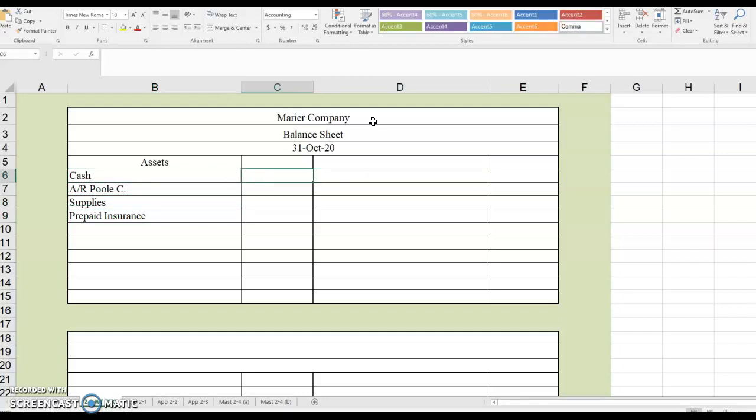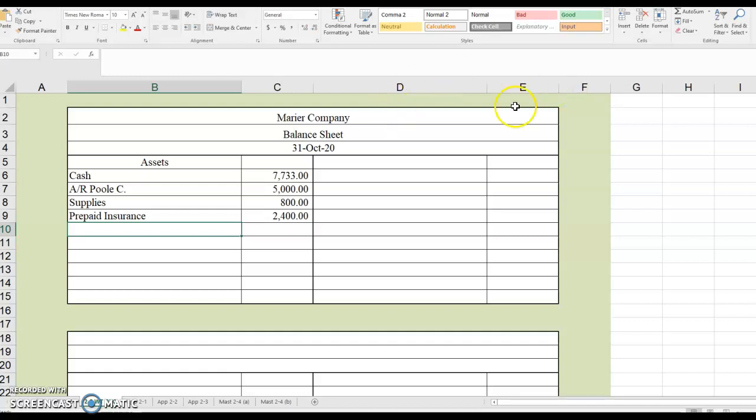Okay, cash is $77.33, $5,800, and prepaid insurance is $2,400. All right, so I would put the bottom here. I have my total assets. I'm not going to put that yet though, because I want to make sure proper way is to make sure our totals are equal. And I'll tell you what that means in a minute.